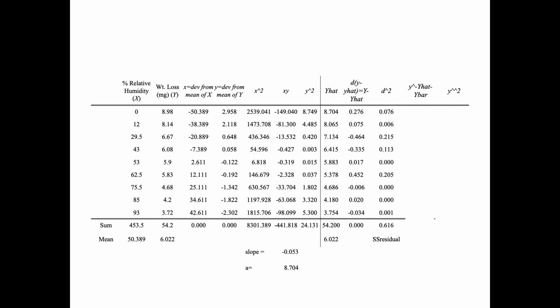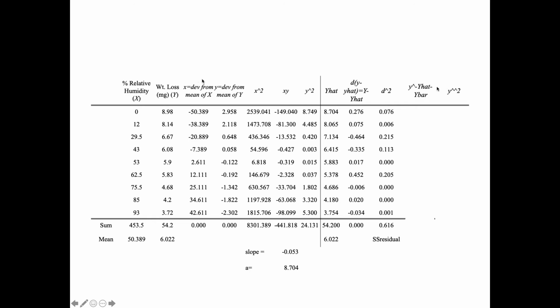But we also want to know how much of the variation in the data is being accounted for by the actual regression model. Well, to know what the regression model is accounting for, you basically look at what the predicted value is, because that's what the regression model is defining, minus what the average is without thinking about the regression model.